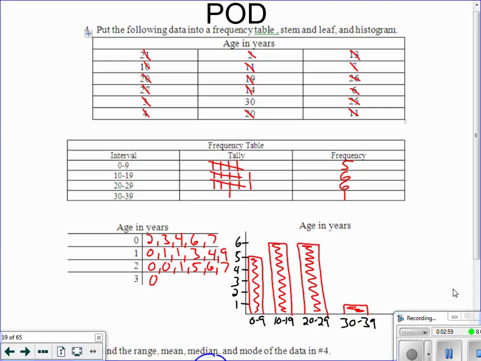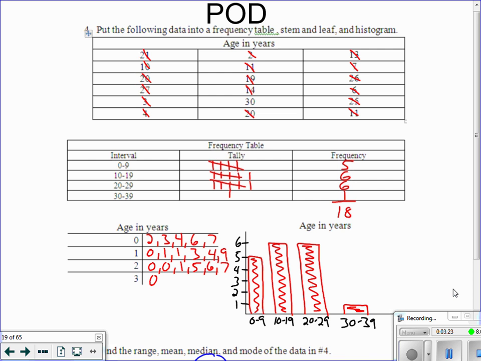So the numbers in your frequency should add up to 18. And if I look at that, 5 plus 6 is 11, plus 6 is 17, plus 1, okay, you know that adds up to 18. You don't have to do that, it's just a way to check to make sure you've accounted for all the pieces of data.